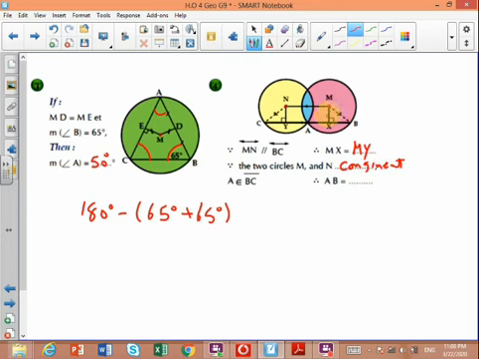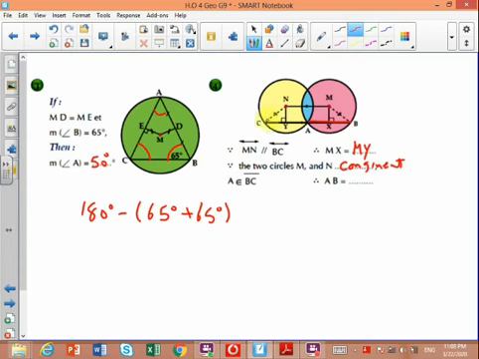Why are they congruent? Because MB equals NC by this sign, so they are at the same radii, so they are congruent. A belongs to BC, then AB will be equal to what? Will be equal to CA or AC.